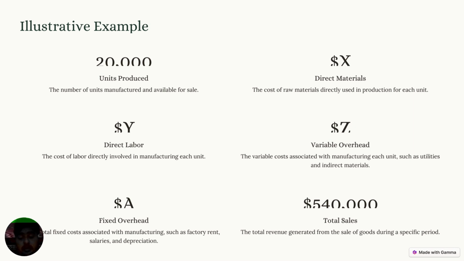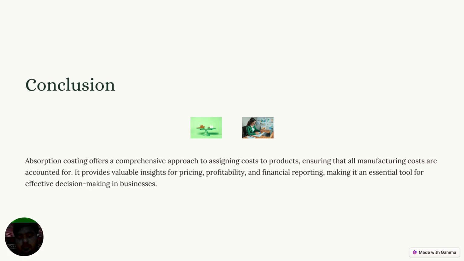After calculating total sales, we subtract all these expenses used for the manufacturing of goods from our sales, and we can get net income or gross profit.